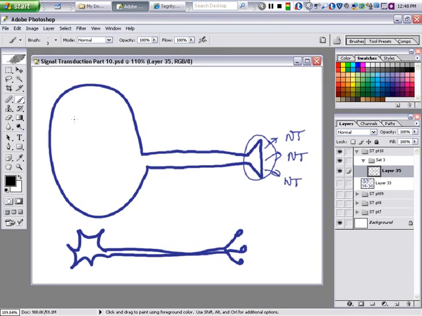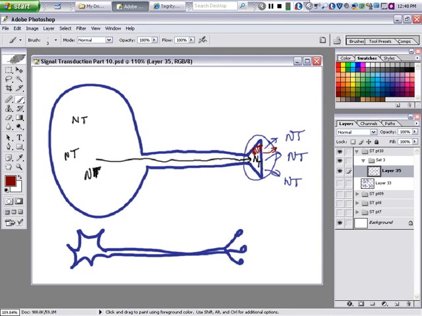The neurotransmitters can be synthesized here in the nerve body, then transported down the axon to the nerve ending, and then released. That's one option. Or the neurotransmitters can be synthesized right in the nerve ending and then released.